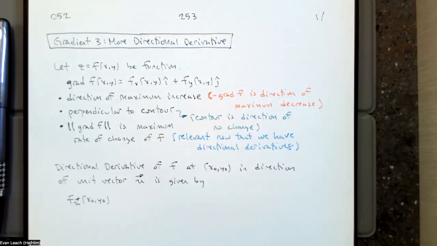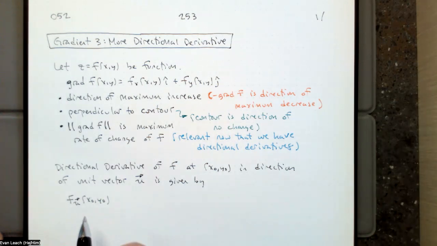We want to use a unit vector because we only want direction. I don't want any magnitude, because I'm trying to find what fraction of our maximum rate of change we are going to get. If the direction vector has a magnitude, that's going to throw off our maximum magnitude. So that's why we're specifying a unit vector u.